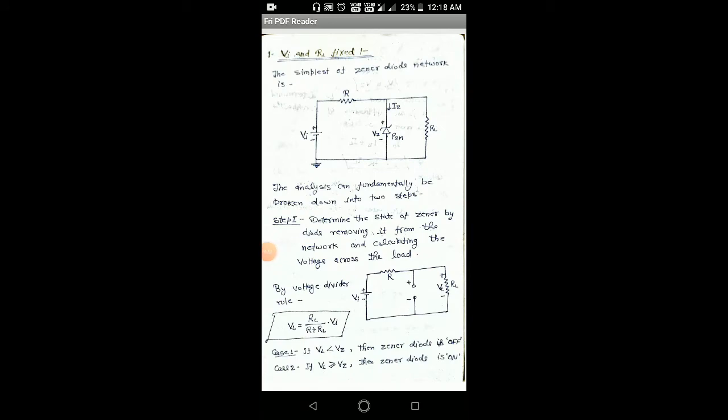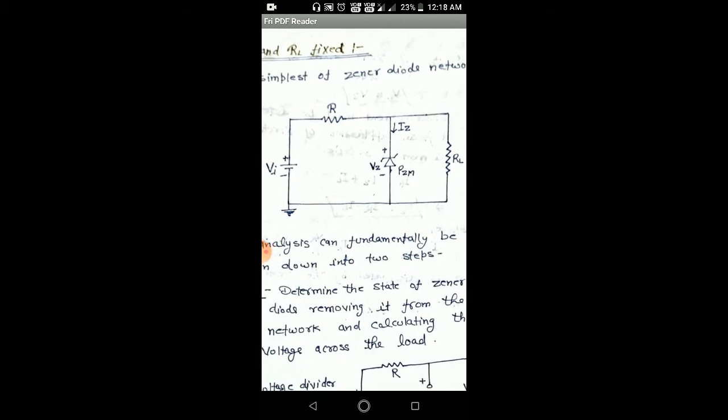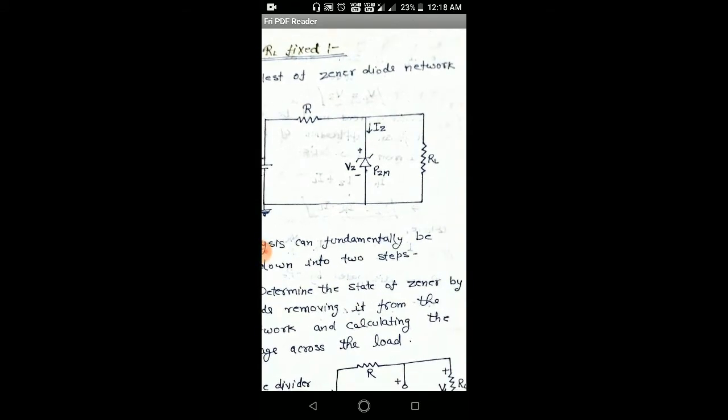In this circuit we can see Vi and RL are both fixed. This type of analysis can fundamentally be broken down into 2 steps.